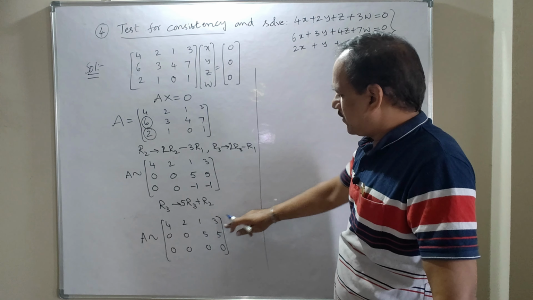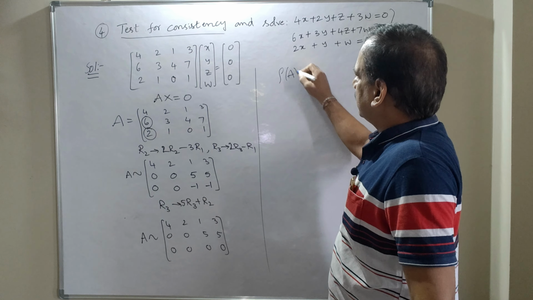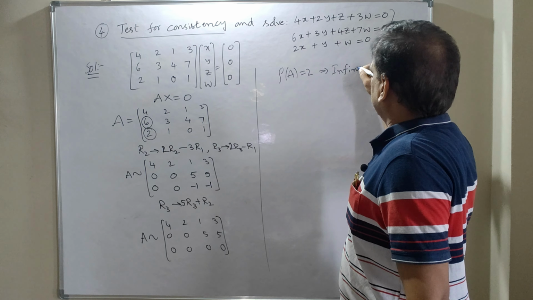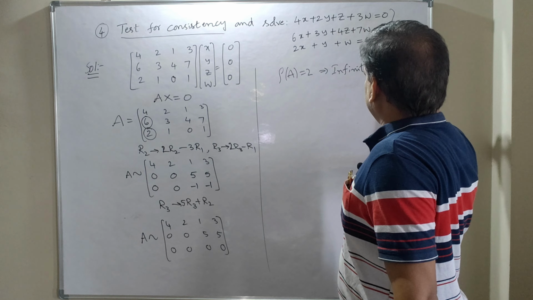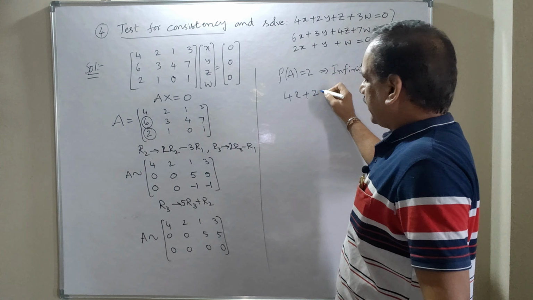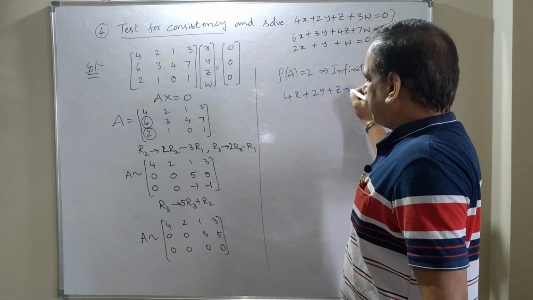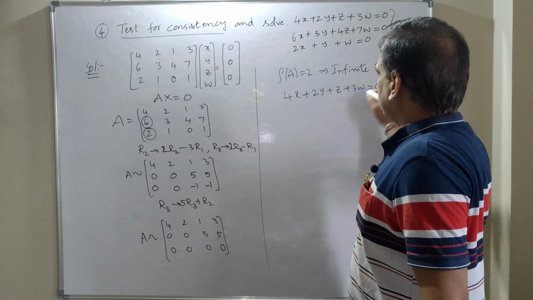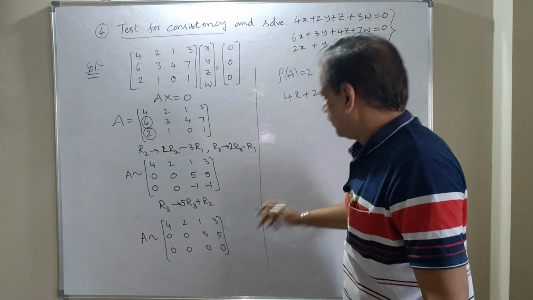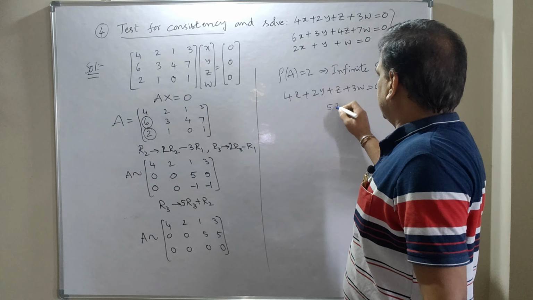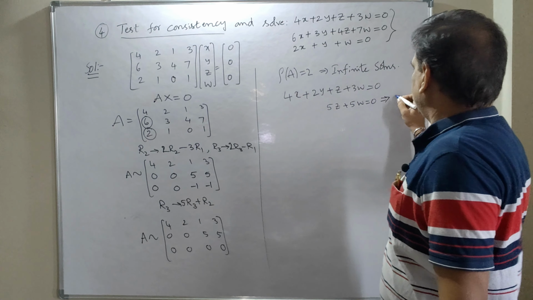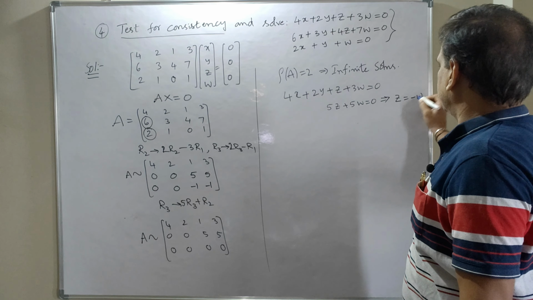So, rank of A is equal to 2 implies infinite solutions, obviously. Let us write the system of equations. 4x plus 2y plus z plus 3w equal to 0, and 5z plus 5w equal to 0. From this, you can write z equal to minus w.